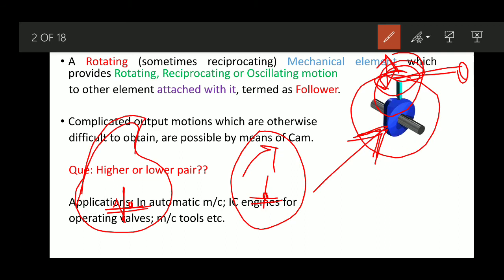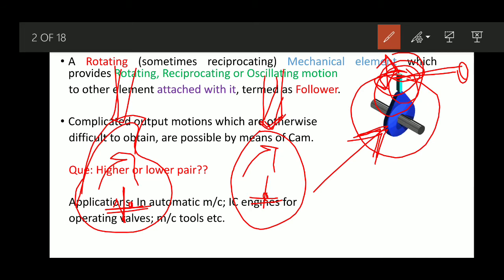In both cases, if we use a particular follower, later on we will discuss the different classifications of followers. In this particular case, this is a knife edge follower, because the contact is like a knife edge.